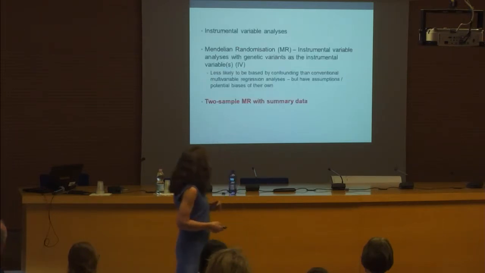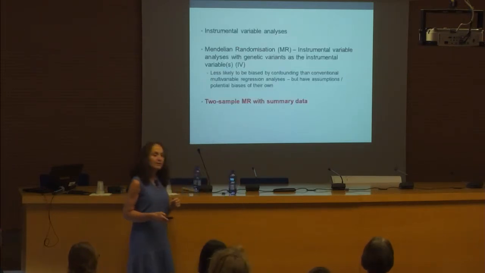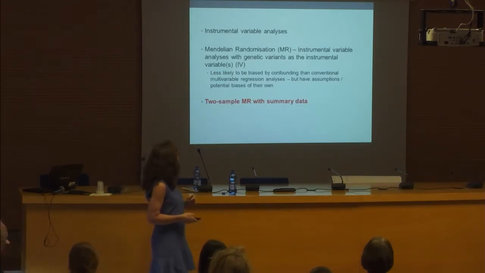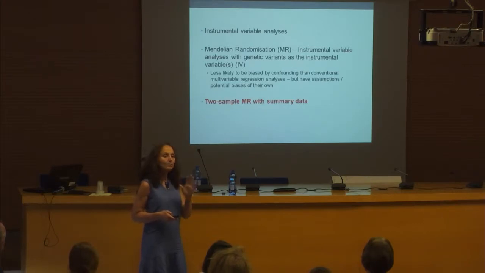Okay, so just to start, I'm going to start by talking about instrumental variable analysis, and particularly just emphasize that all that Mendelian randomisation is instrumental variable analysis where we use genetic variants.